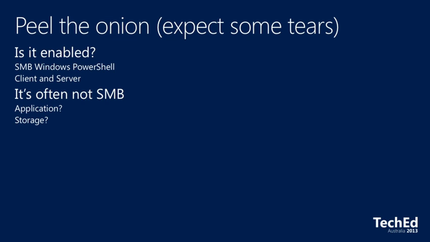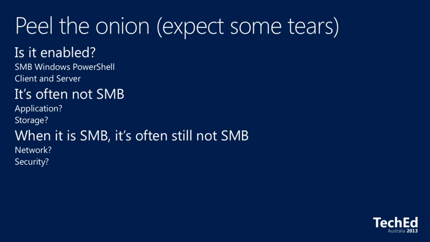You should go check out the storage system. Things like that. Even when it is SMB, it might not be SMB. The network. So I'm having an SMB problem, but I'm having it because the network is flaking out. I'm having an SMB problem because, like you saw in that event, security. I don't have access to the data.